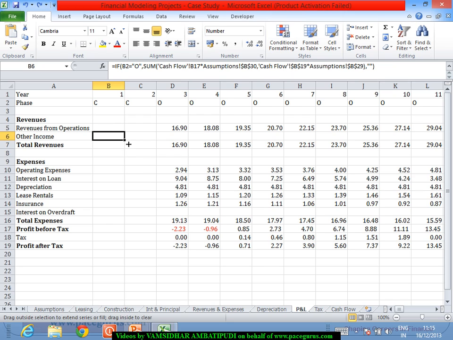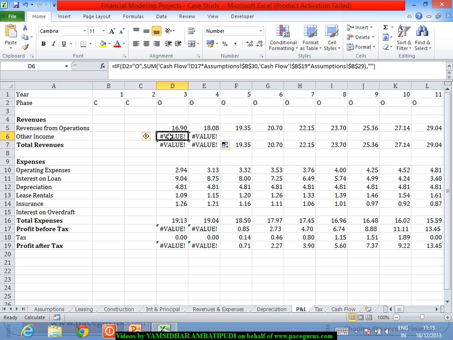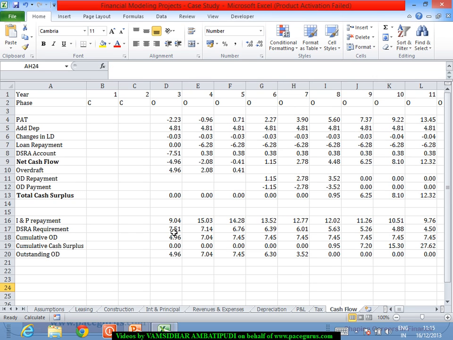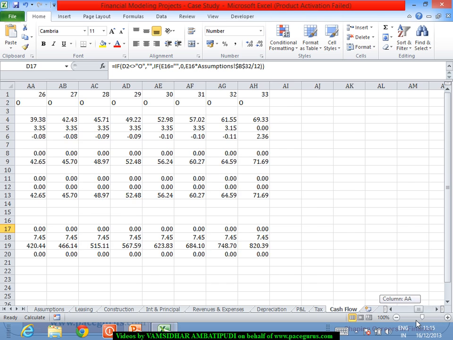Okay, but when I am dragging it, what is the reason this is coming out? If T2 equal to O, cash flow D17, what is the cash flow D17? This is the cash flow D17, right? Now no other error is coming.